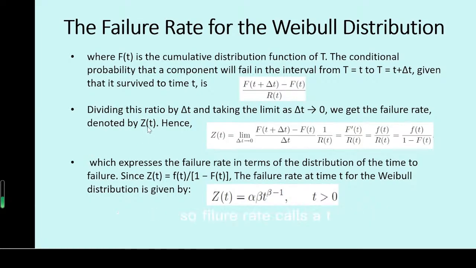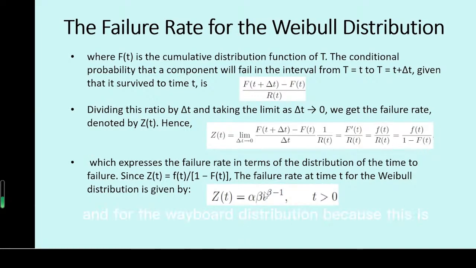So the failure rate Z(t) equals the limit as delta t goes to 0 of the cumulative probability between these two times divided by delta t, then divided by the reliability R(t). After mathematical manipulation, we get the failure rate equals the density function f(t) divided by R(t).